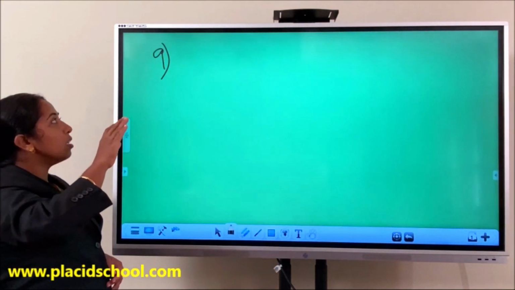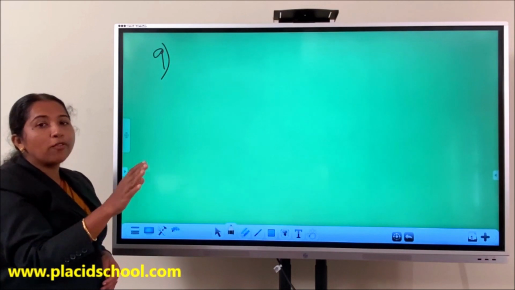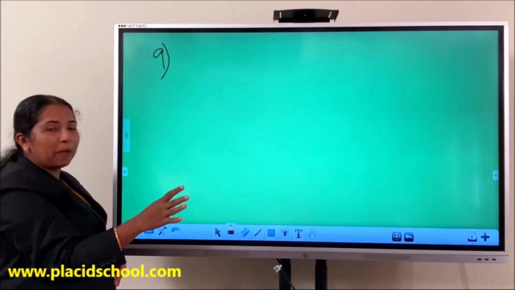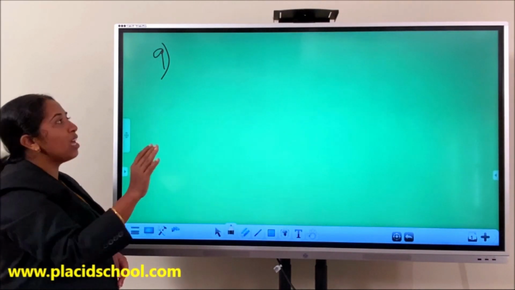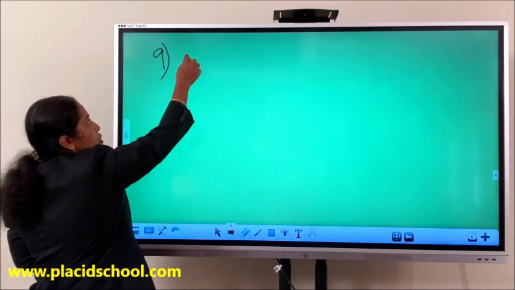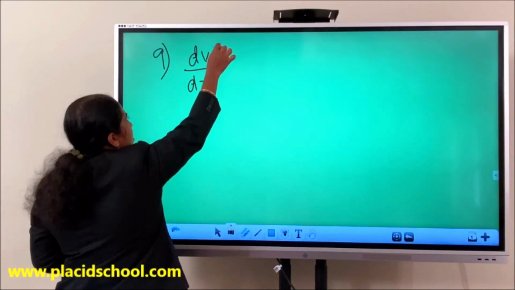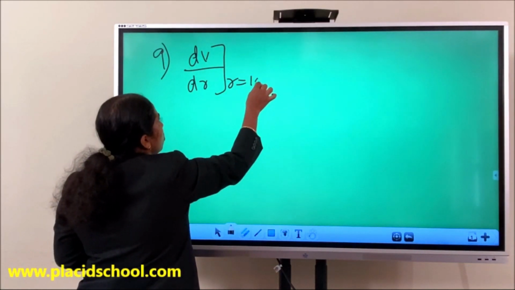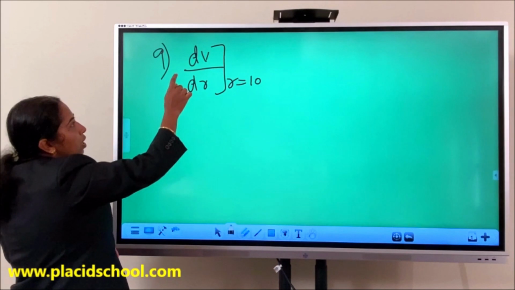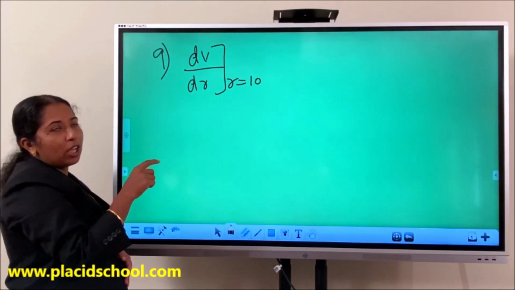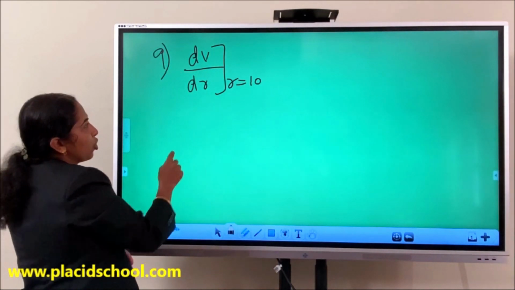We have to find the rate of change of volume of a spherical balloon with respect to radius when radius is 10 centimeter. We know that the formula to find volume for a spherical balloon is 4 by 3 pi r cube.